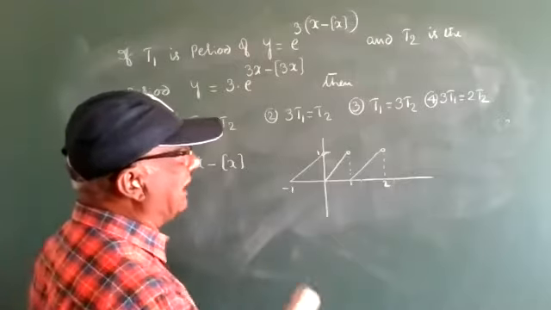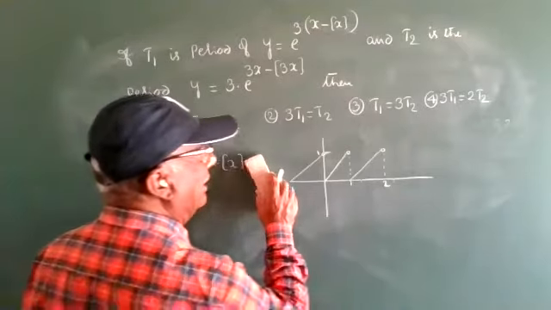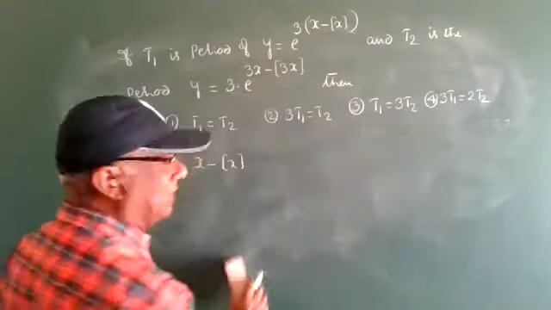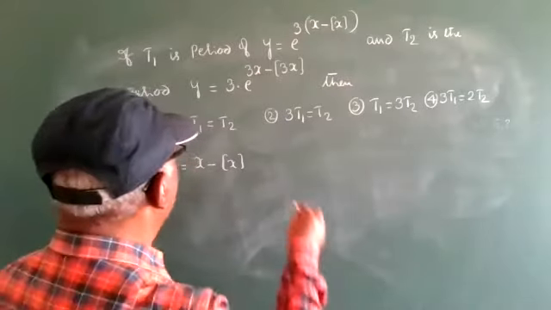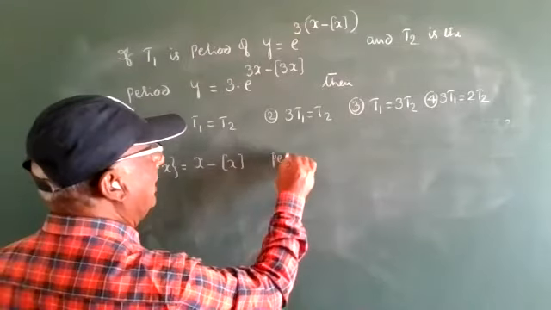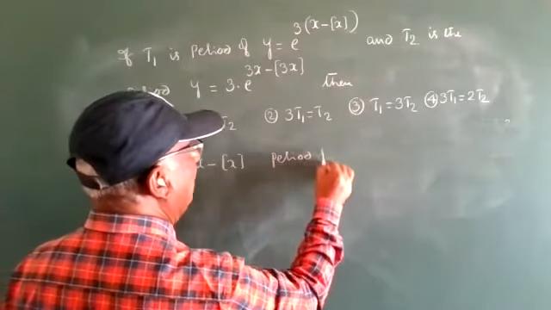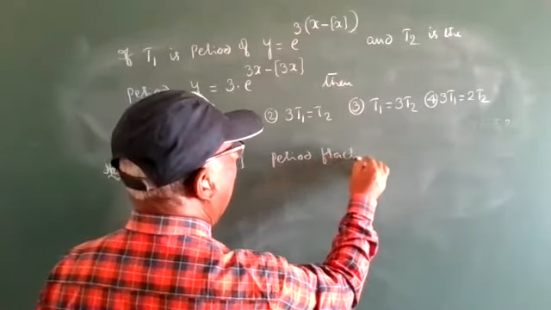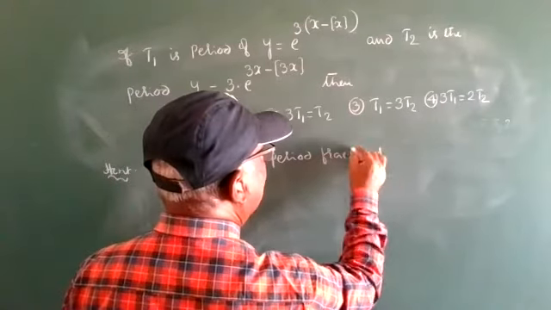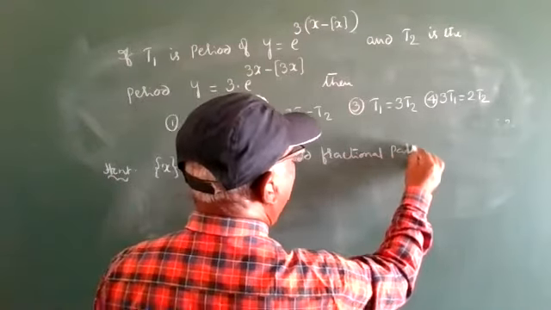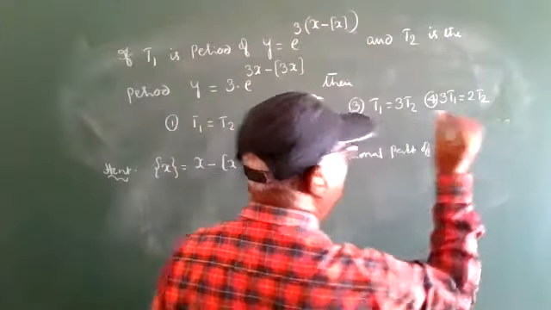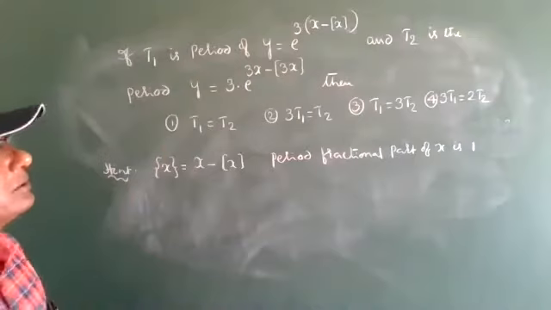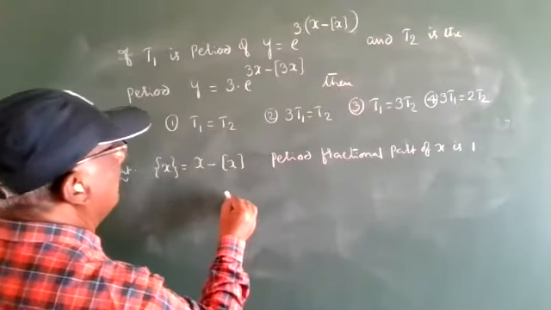So the period is the same, the y values repeat. What is the period? It is 1. The period of the fractional part of x is 1. Always remember this one point. So now come to the point.